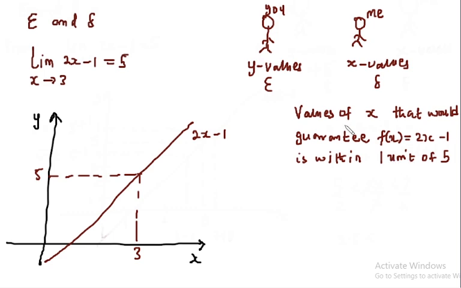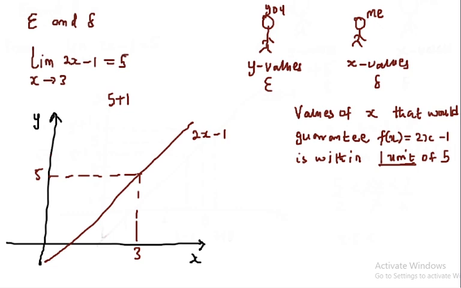So let's say in the game, you ask me to give you the values of x that will guarantee that f of x equal to 2x minus 1 is within 1 unit of 5. This key phrase here, 1 unit of 5, is itself the epsilon. To find the range within 1 unit of 5, the upper bound is 5 plus 1.